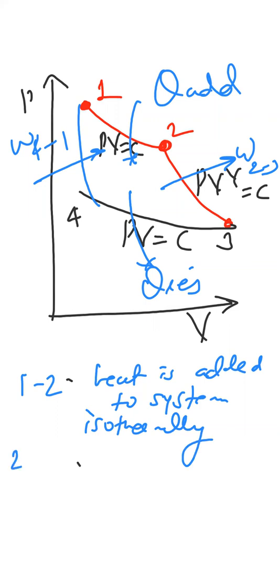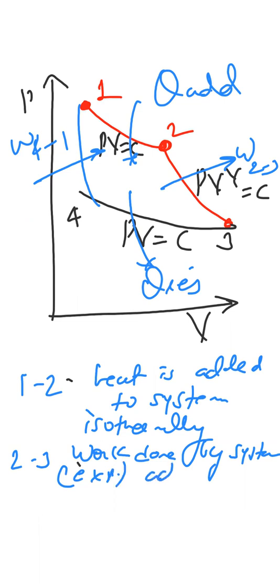Process 2 to 3, work is done by the gas. That means gas is expanding. Work done by the system. By the system means expansion process. That is adiabatically.